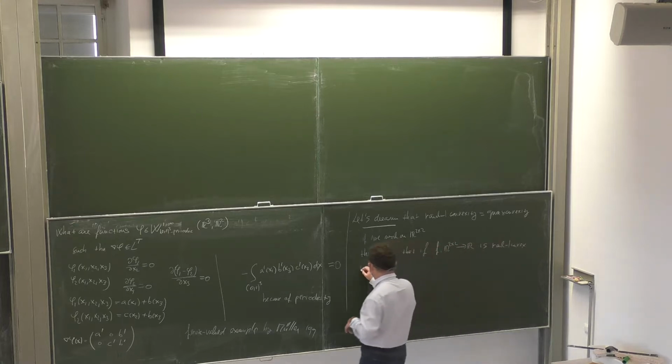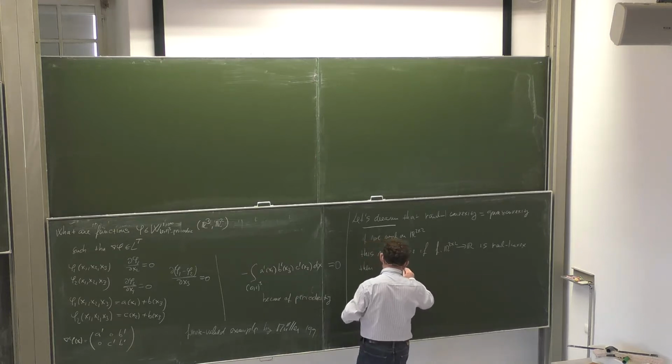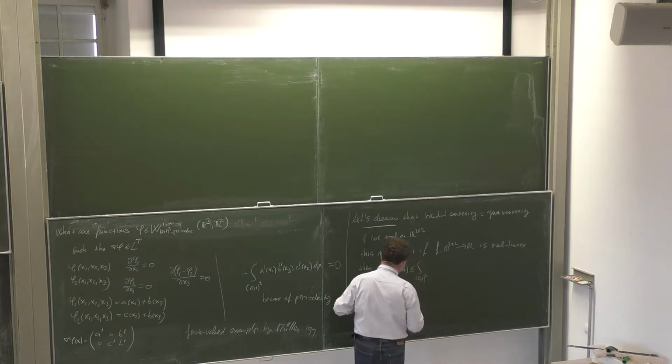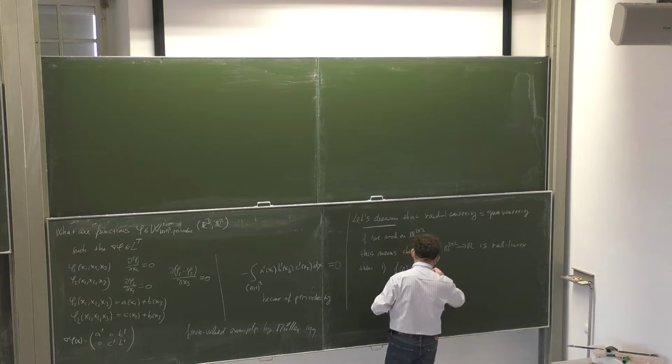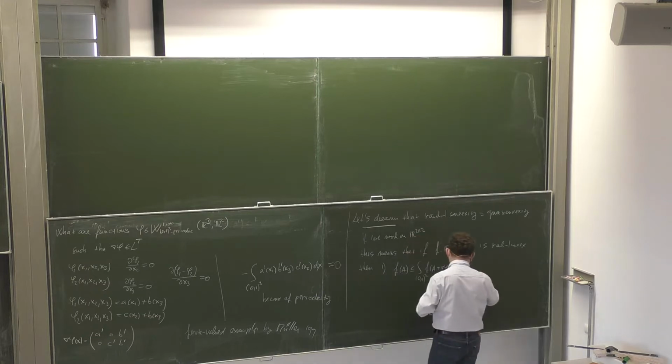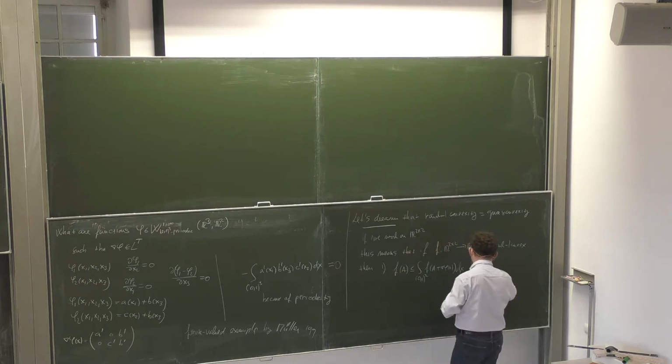then first, f of A is more or equal than the integral over, say, 0, 1 to the power 2 of f of A plus grad phi of x dx for every phi which is, say, Lipschitz with 0 boundary conditions.